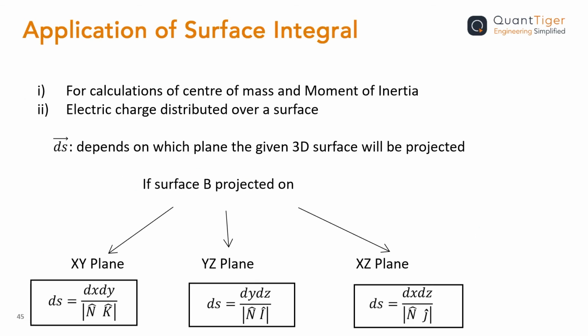Now, we will discuss applications very briefly. We use surface integration for the calculation of center of mass, moment and moment of inertia, and when we want to find the electric charge which is distributed over a surface. Whenever current is passing through any object, to find how much electric charge is getting distributed over the surface, surface integral is used.